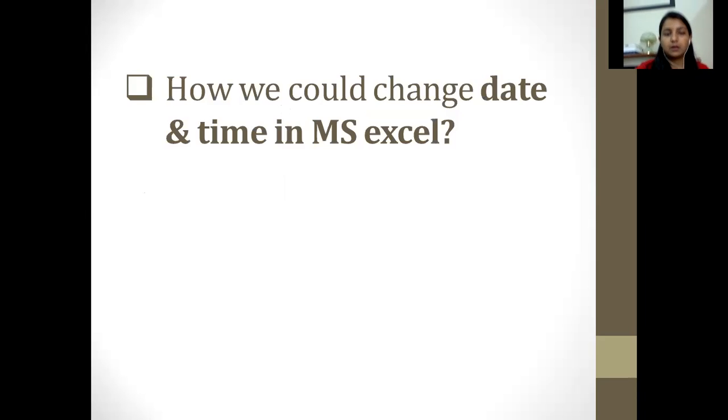Okay. So how could we change the date and time in MS Excel? What do you think? Like you have seen in the last image, where there was an option of date and time. How can we change this? By clicking on it, a lot of dialog boxes would come up for so many options, isn't it?